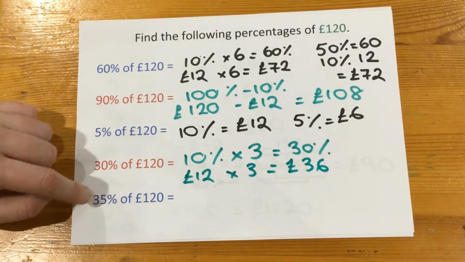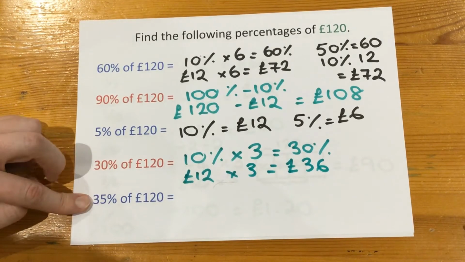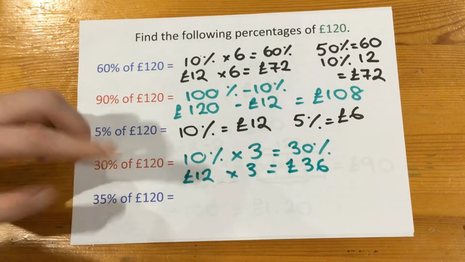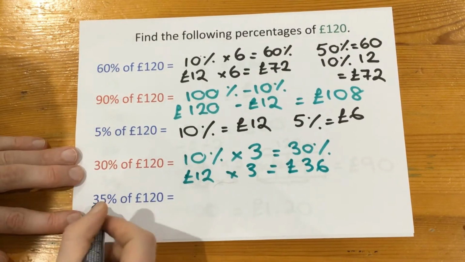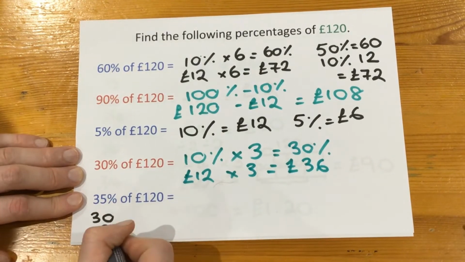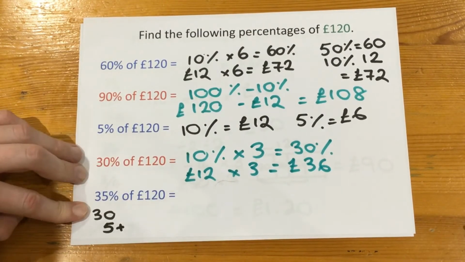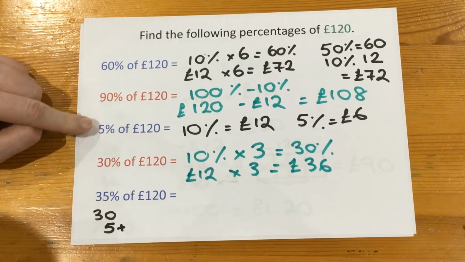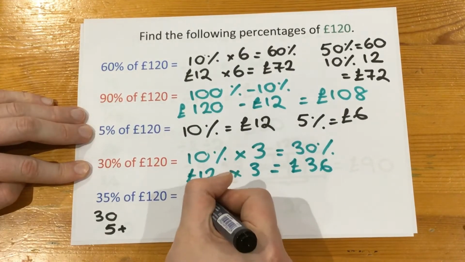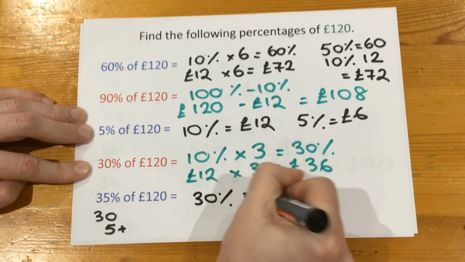Now, finally, 35%. We're getting slightly tricky here, but actually, how would I divide up 35%? How would I break it down? I would actually look at it and go, right, well, to find 35%, I would work out 30%, and I would work out 5%, and then I would combine them together. I'd add them together. And I've already worked out 30% and 5%. I already know that 30% from above is £36.